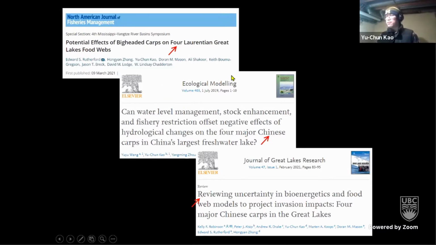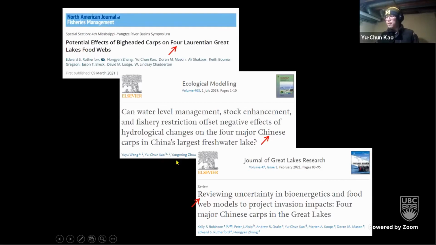And we also export our experience. When other people want to model their ecosystem, they ask us, can you share your experience about how to model lakes? So we just did this paper.